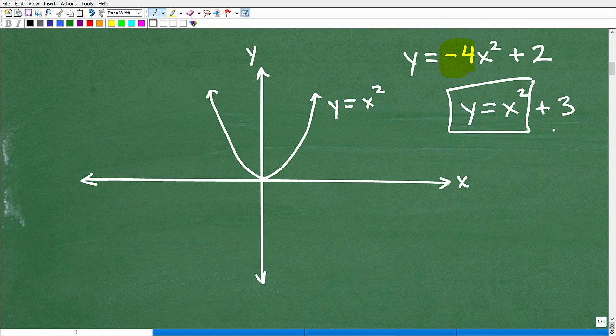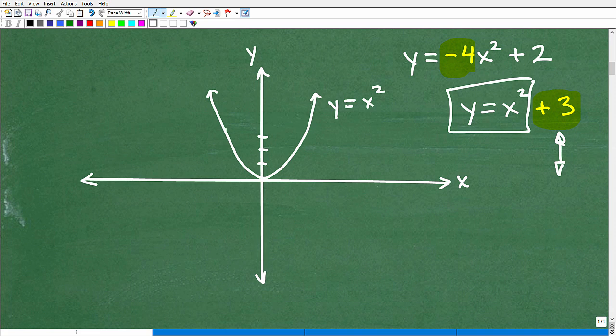Well, anytime you're adding or subtracting a number on the outside of this x squared component on a parabola, the graph or the quadratic equation here, this is going to move the graph up or down. So this is going to move our basic parabola up or down by this number. So in this case, we're going to move this parabola up 3. 1, 2, 3.